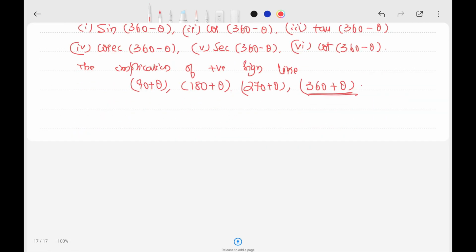And regarding algebra, I want to give some homework. What is the value of 1 by 3 minus 2 root 2? Can you simplify? Simplify this.